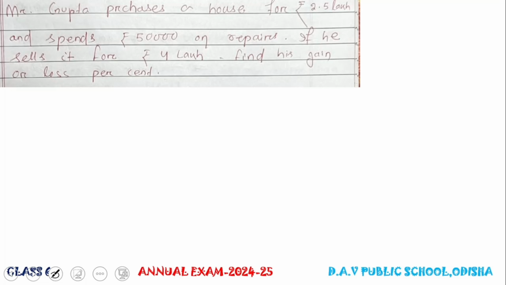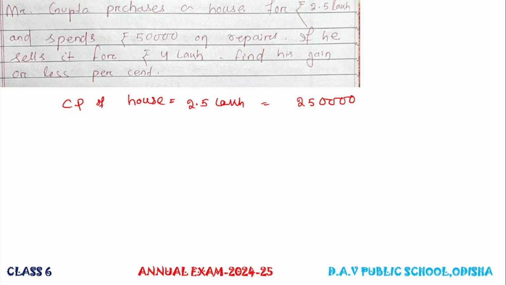Mr. Gupta purchased a house for rupees 2.5 lakh, meaning CP is given. So CP of the house equals 2.5 lakh. Now he spent, so write down the overhead cost or repair cost, that is 50,000.